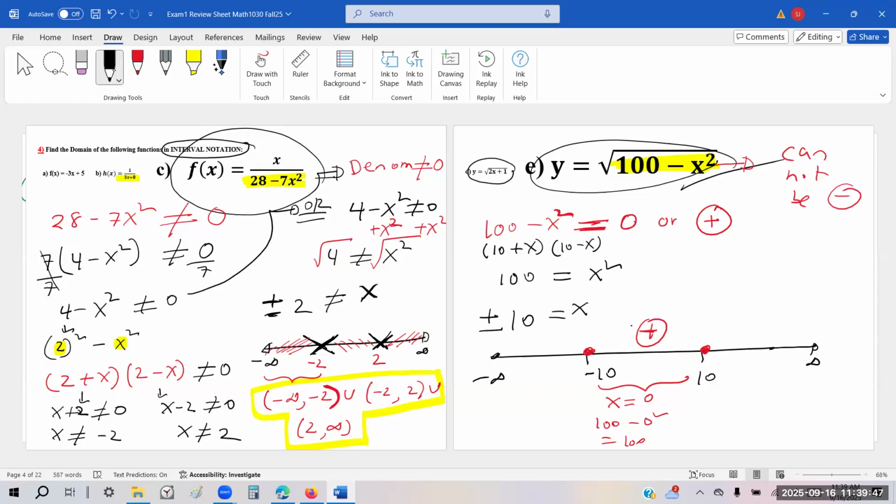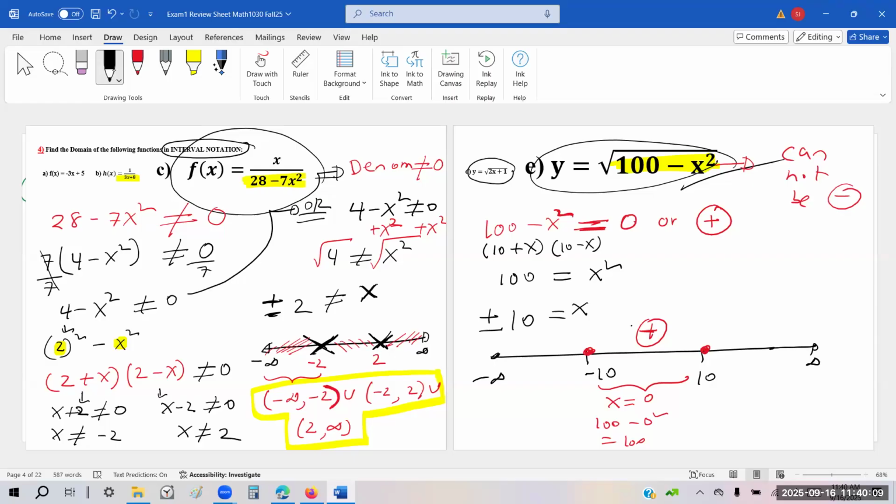Using difference of perfect squares, like the one we did before. 100 is 10 squared. So 10 plus x, 10 minus x. And 10 plus x has power 1, 10 minus x has power 1.